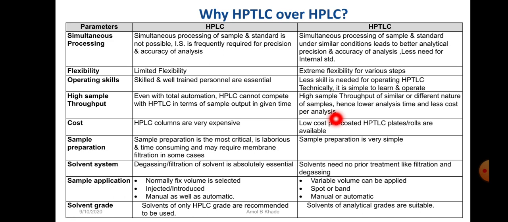When we talk about cost, obviously HPLC is costly due to the various parameters which need to be maintained during the experiment. In case of HPTLC, the cost of analysis is comparatively less.